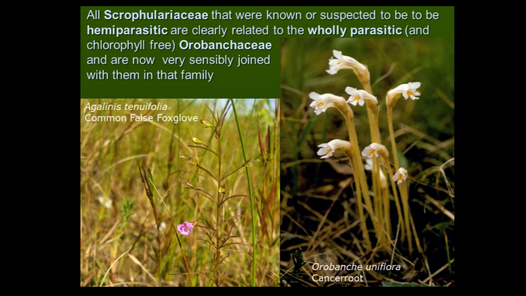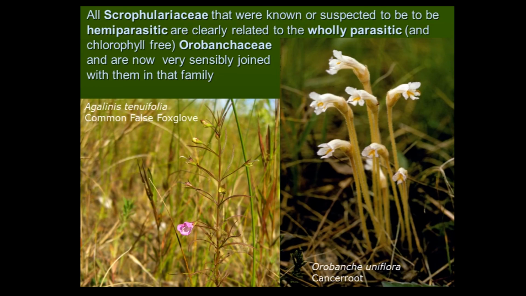These, what used to be Scrophulariaceae, are all hemiparasites. Hemi because they still have some green color, but they all parasitize other plants. And it turns out when you look at their classification, they actually fall together with these plants, which we used to put in the Orobanchaceae and still do.